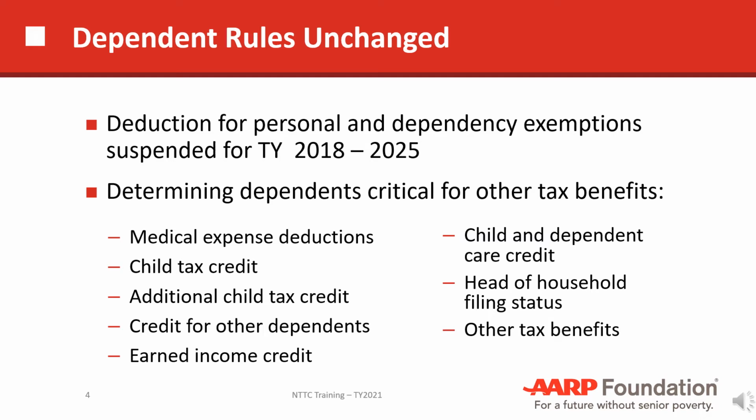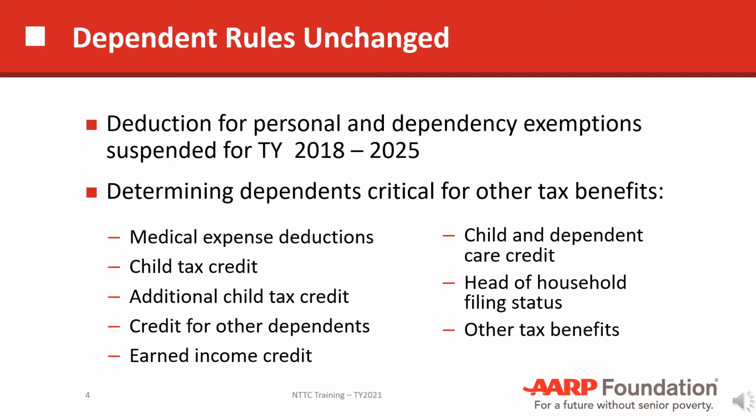Beginning in 2018, the deduction that was allowed on the personal income tax 1040 for each dependent went away, due to a change in the tax law initiated by Congress in that year.